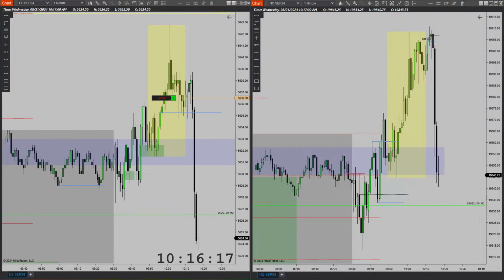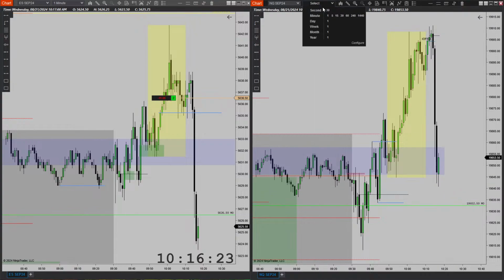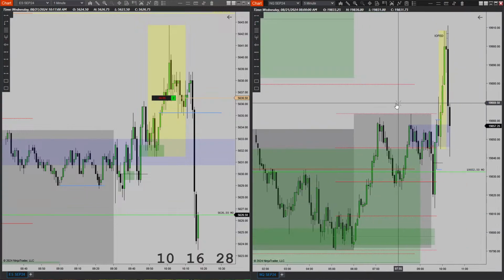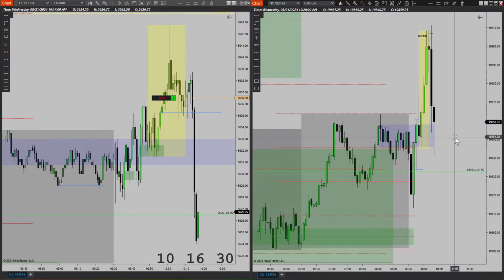All right, looks like it's not doing it. It's not coming back up. Let's check out the 5 minute. All right, so it is still closing above here. A couple more minutes and I'll look to see what price does.